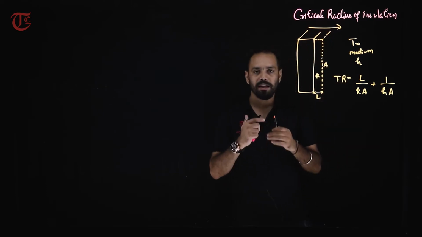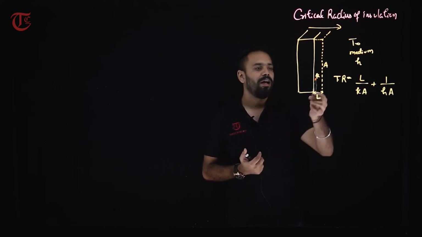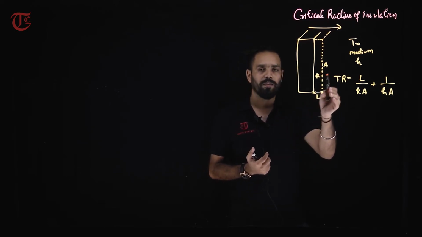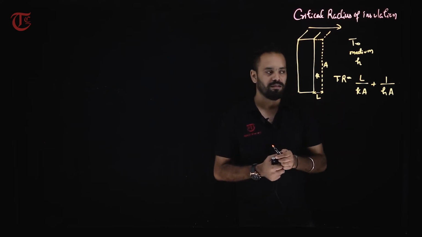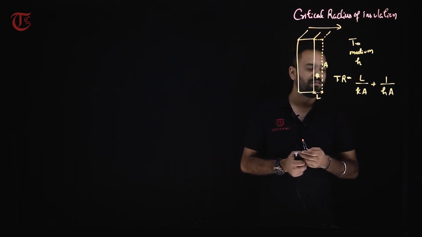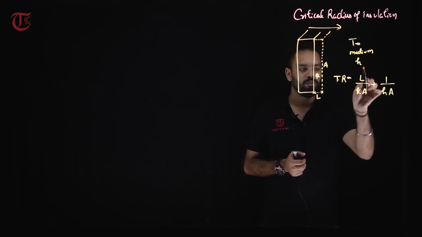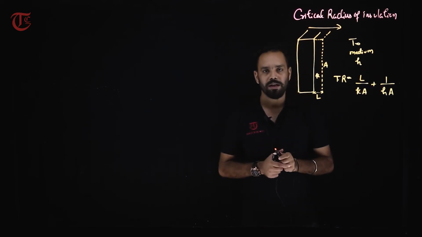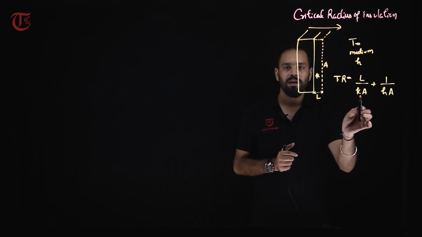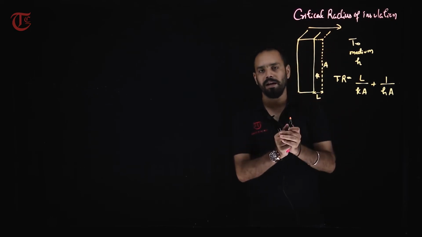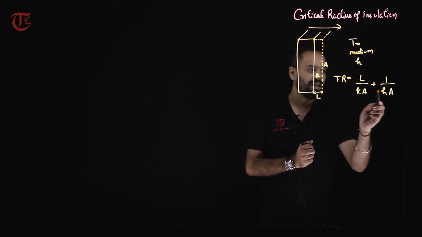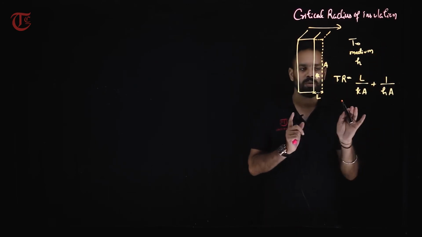Now, just think what should happen as I am adding more and more insulation, meaning the thickness of this insulation keeps on increasing. What is going to happen as the thickness increases? L will keep on increasing. What about k? It is the property of a material, it is not going to change. A, the cross section area, it is a solid block in the form of a rectangle slab, it is not going to change. h is the property of the medium, it is not going to change.